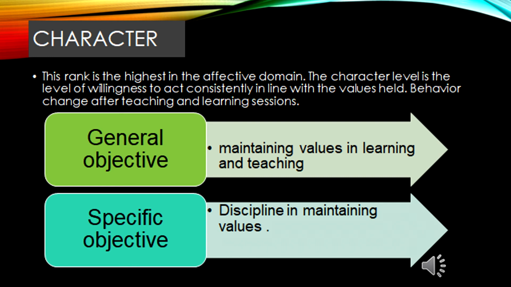The character level has two objectives. The first is the general objective. The general objective is maintaining value in learning and teaching, and the second is the specific objective. The specific objective is about discipline in maintaining value.